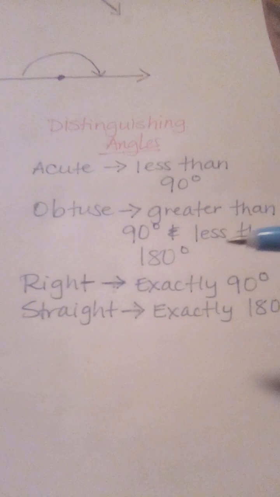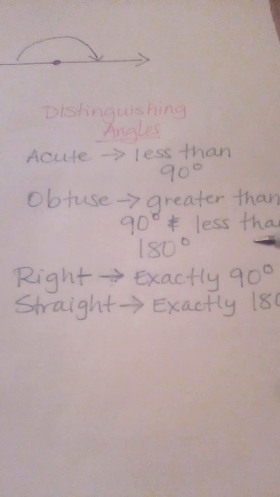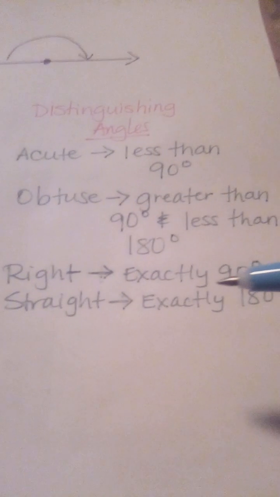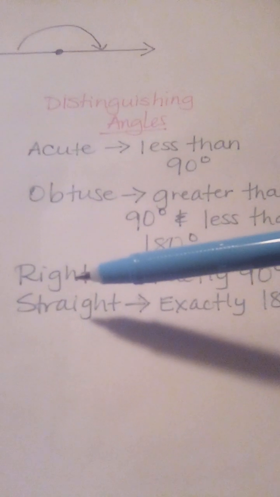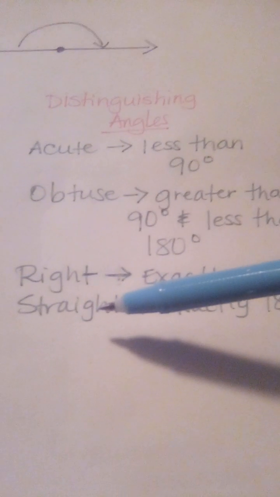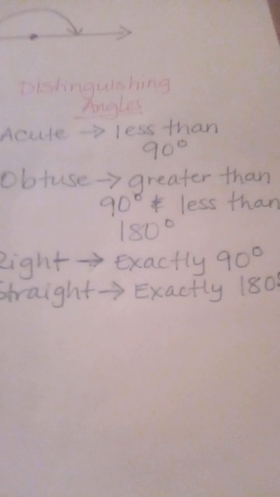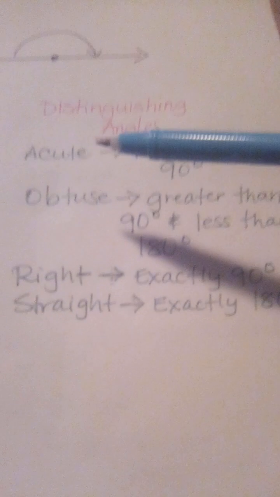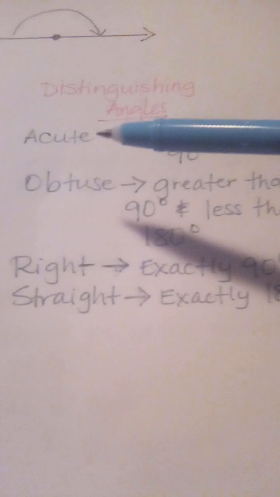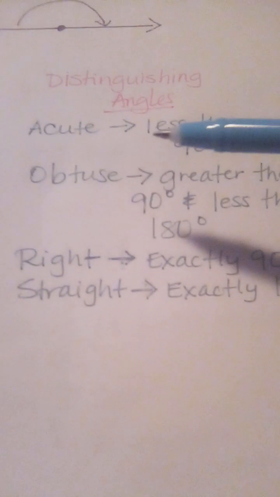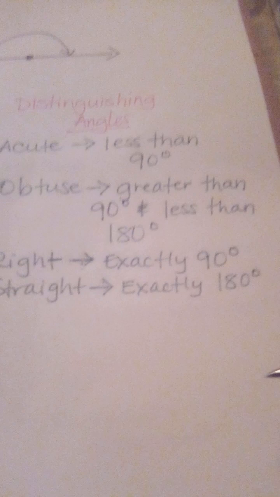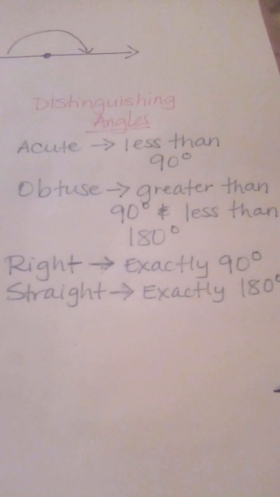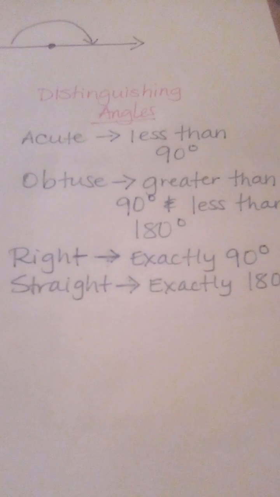A right angle measures exactly 90 degrees and a straight angle measures 180, so it doubles. Any questions on this part?